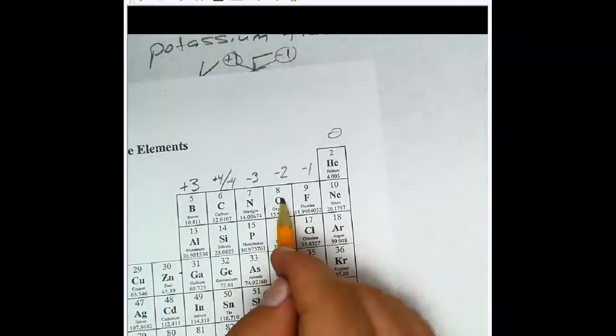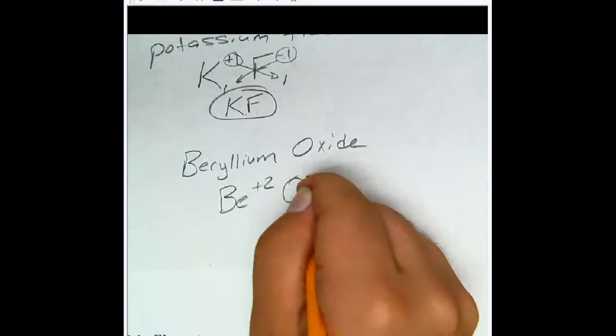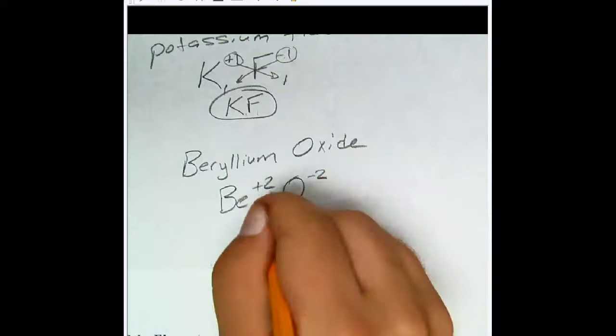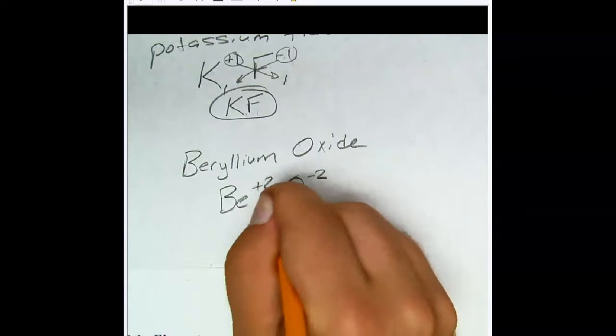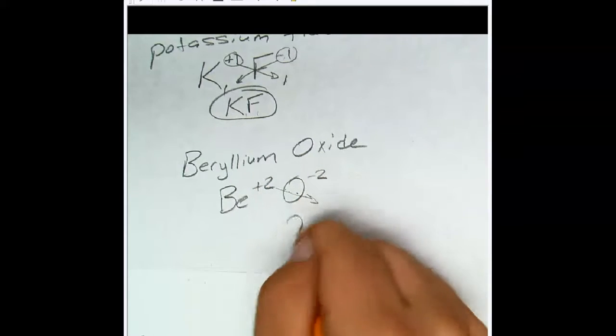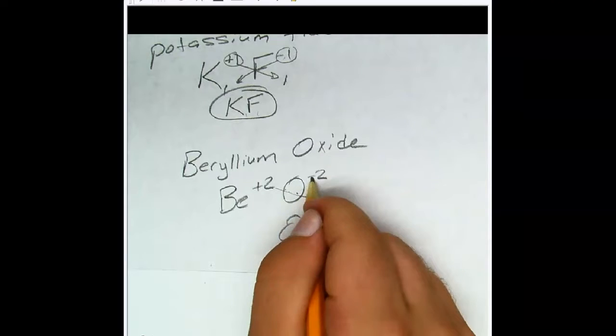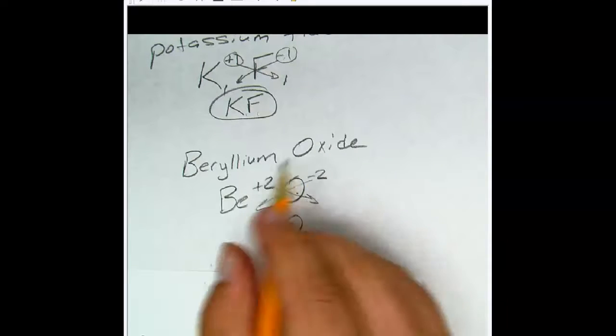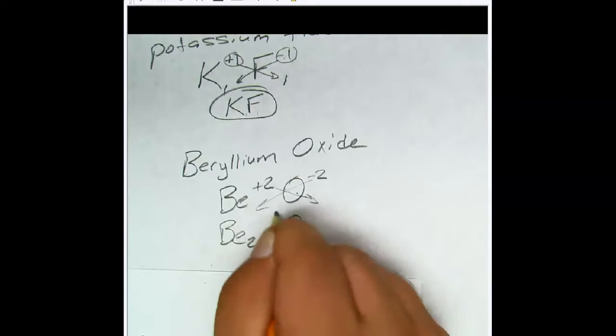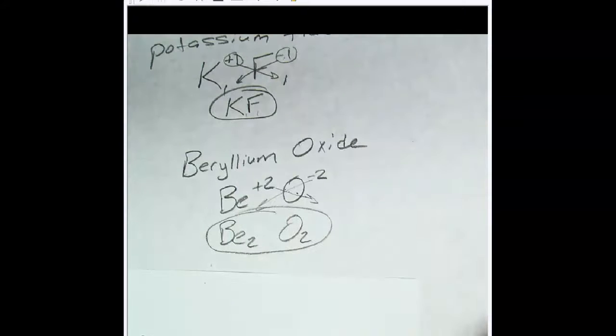Oxygen, if I look over here, has a -2 charge. If I crisscross, I bring that number over, I have 2 oxygens. And remember, I ignore the negative, so that means I have 2 Be's. And that's your answer.